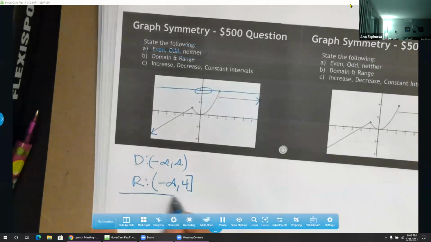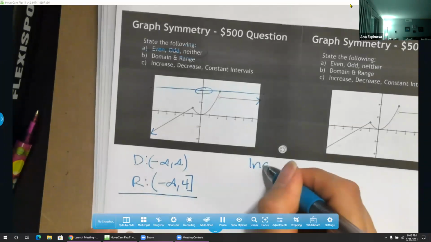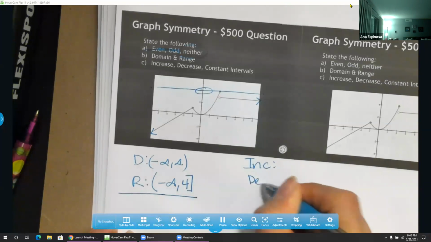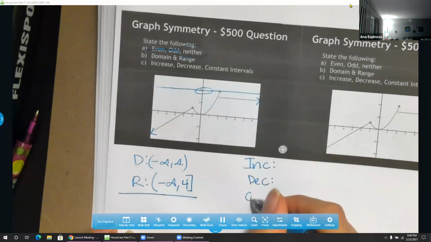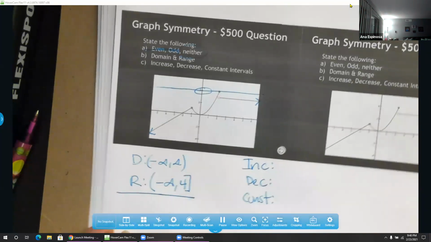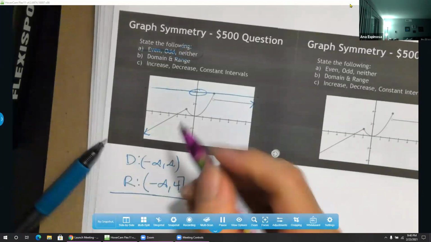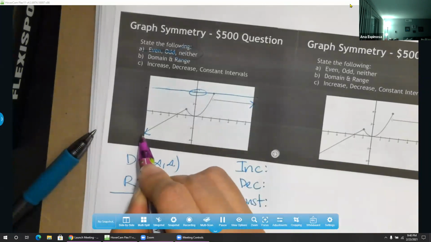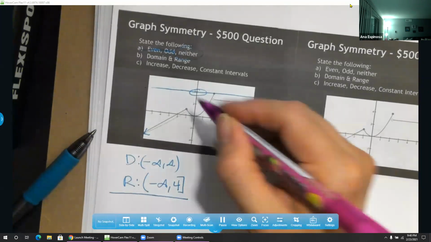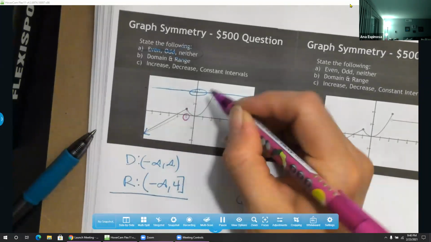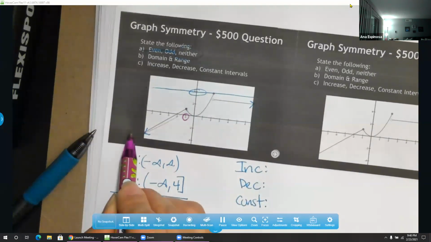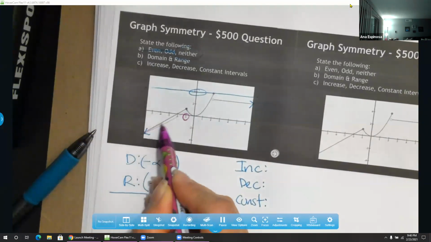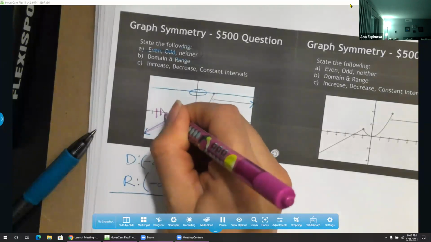All right, for the increase, decrease, let's put increase, decrease, constant. All right, I start left, right. Okay, so I start left and I stop right here. That's a negative 1. So I am coming from negative infinity all the way to negative 1. What is it doing? It is increasing.